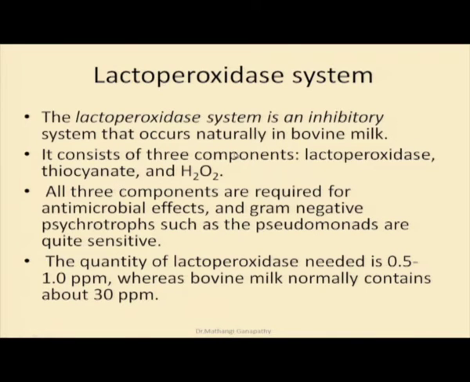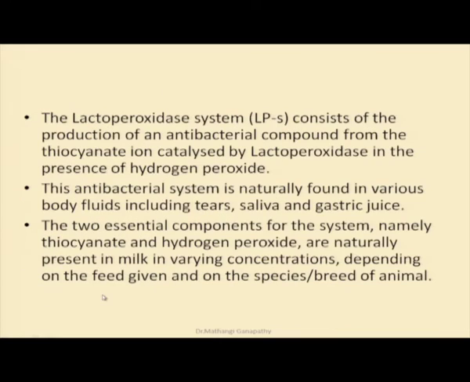So, for the lactoperoxidase system to be active, you require the presence of all the three: the lactoperoxidase, the thiocyanate, and hydrogen peroxide. And each of them is required in specific quantities. The quantity of lactoperoxidase needed is 0.5 to 1 ppm, and bovine milk normally contains about 30 ppm, which is quite high.